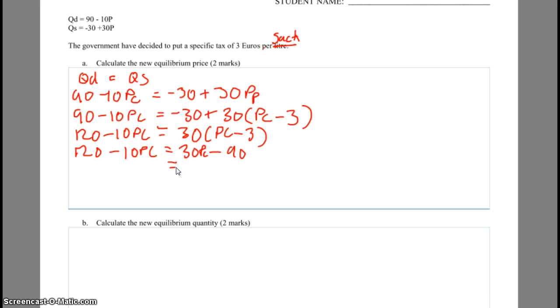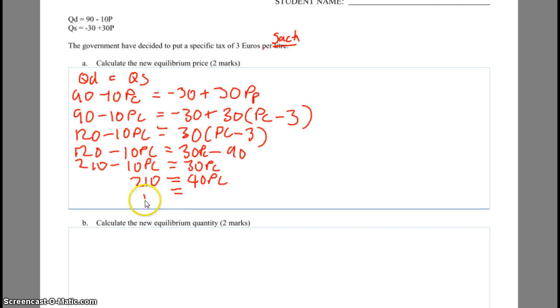And then we need to add the 90 to both sides, so we've got 210 minus 10 PC equals 30 PC, and then we need to finally get rid of the 10 PC on that side, so we're going to add that to this side, so we've got 40 PC equals 210.